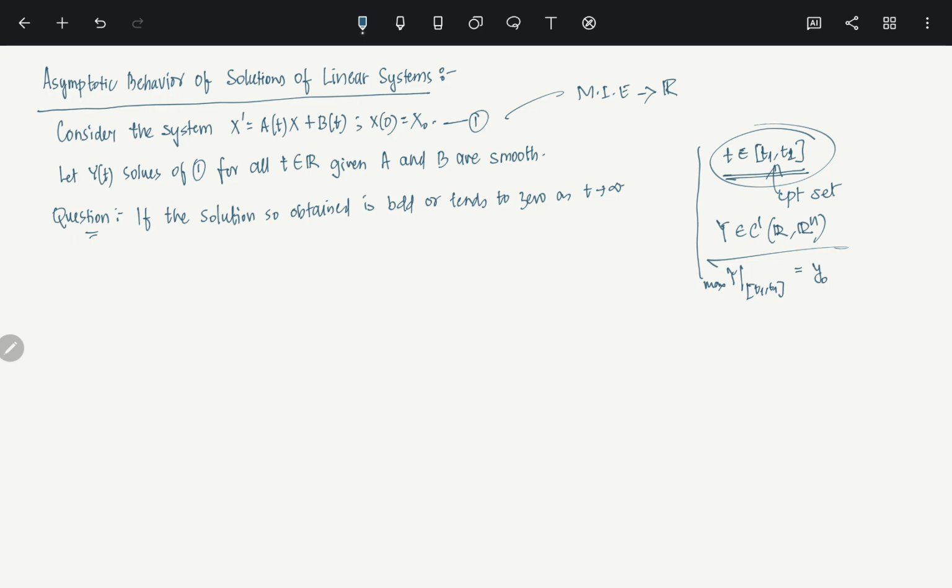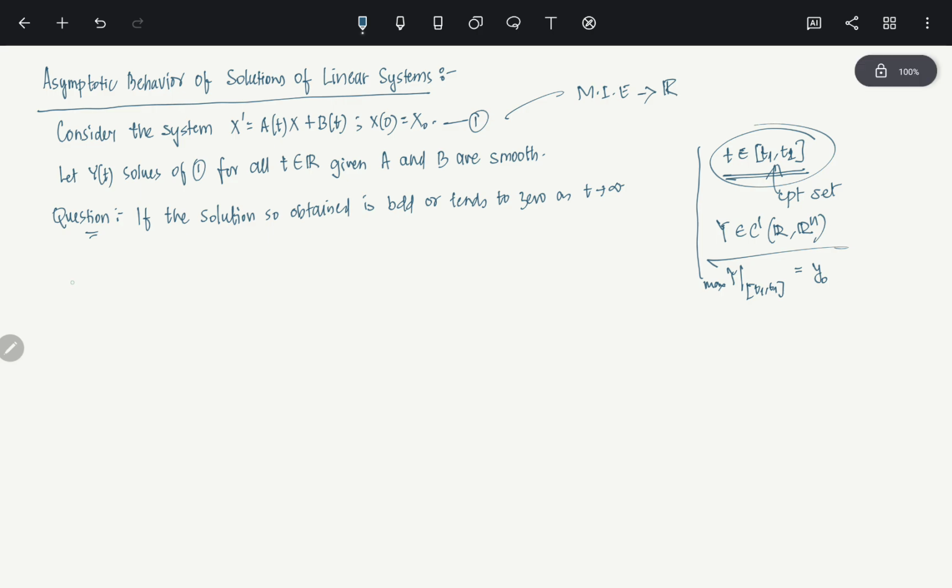Okay, so let's look at this. Our study will be like this. First of all, we are going to start with the constant coefficient equation. Once we know how to handle constant coefficients, we will go to the variable coefficient problem. Is this okay? So let's look at the constant coefficient problem first.